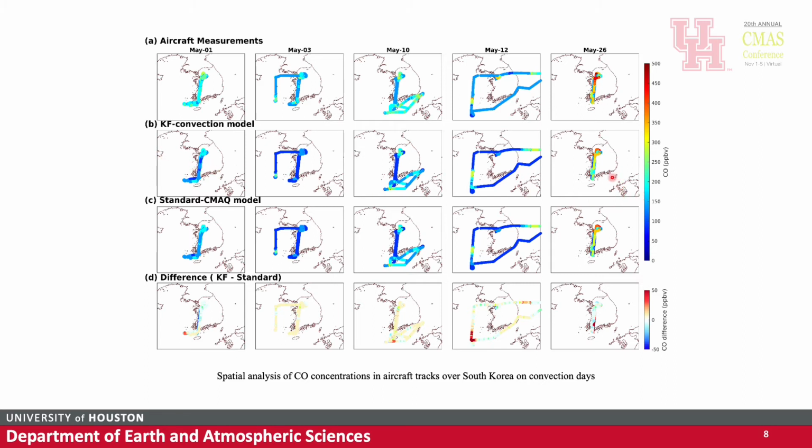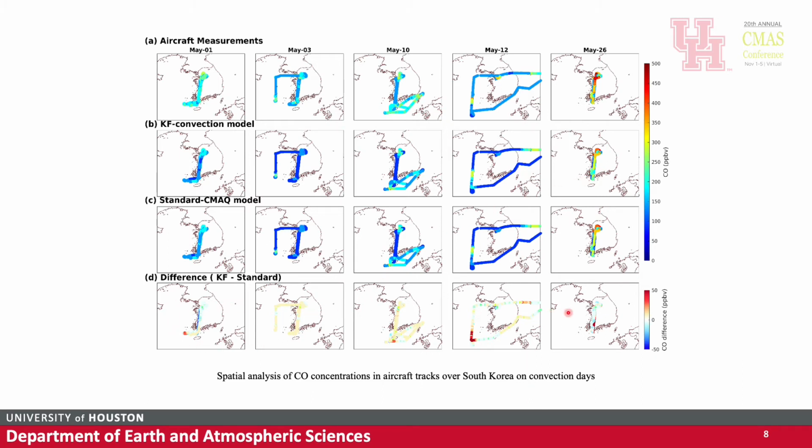Basically, there is a little underestimation of the CO concentrations from the KF convection model and also the standard CMAQ model. But the KF convection model mostly pushes up the concentrations to the higher levels, so we have better concentrations at the upper levels most of the time. Because of this underprediction, it tries to reduce this underprediction.